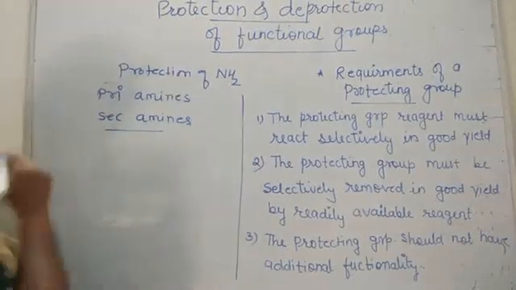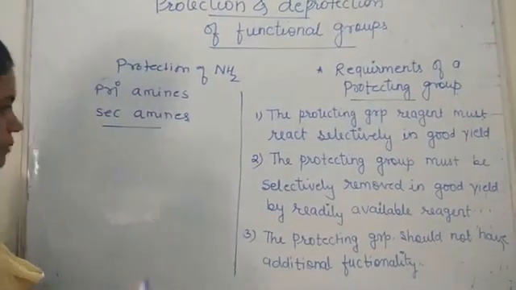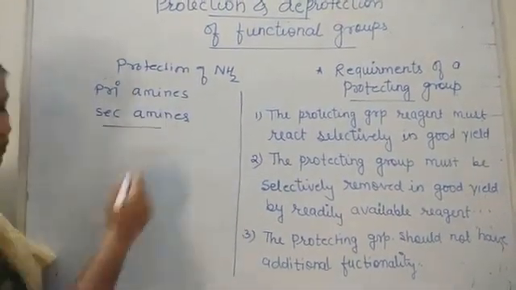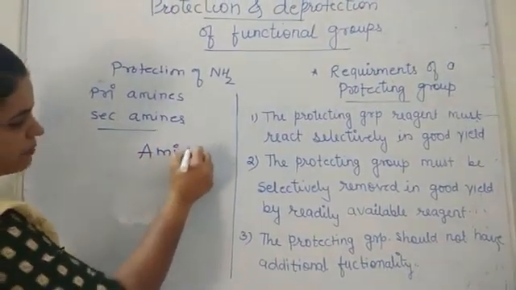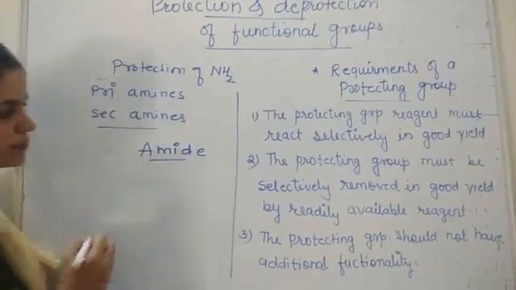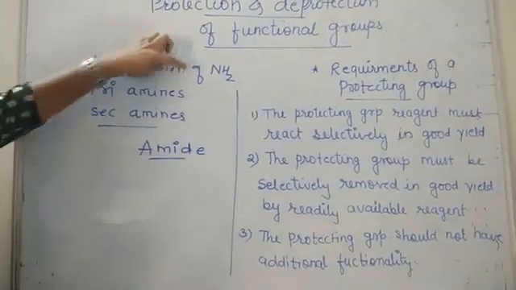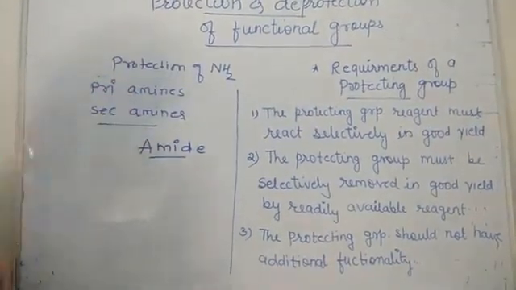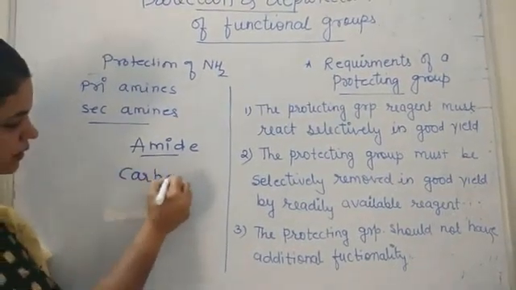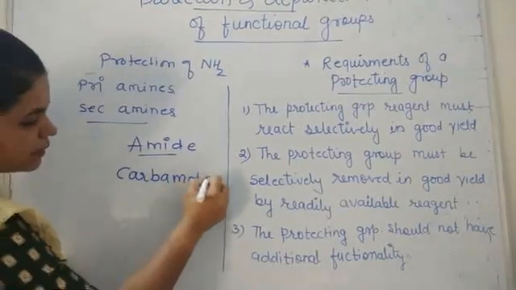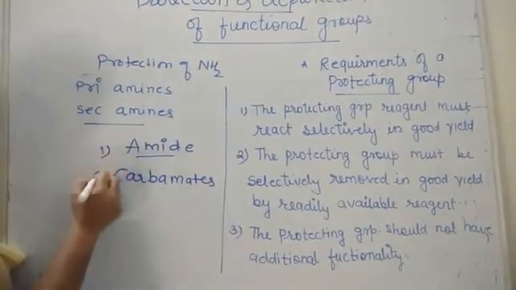There are many methods, but one of the methods by which we can protect these amines is by converting them to amides. We can also convert them to carbamates to protect them.